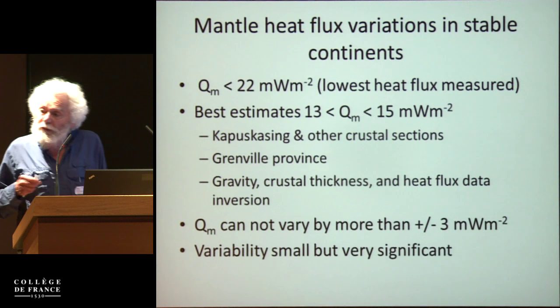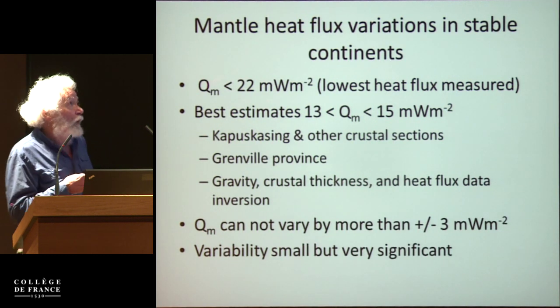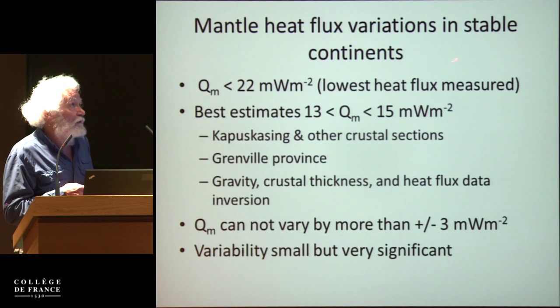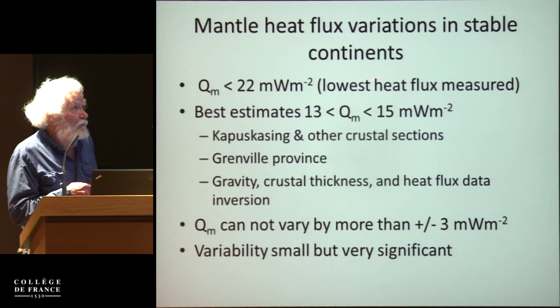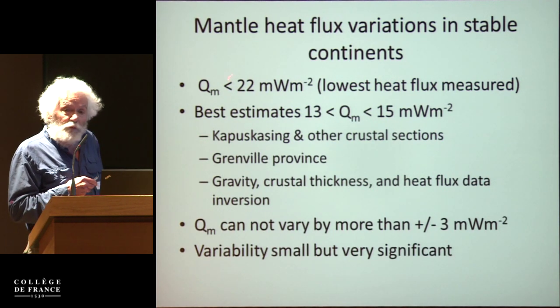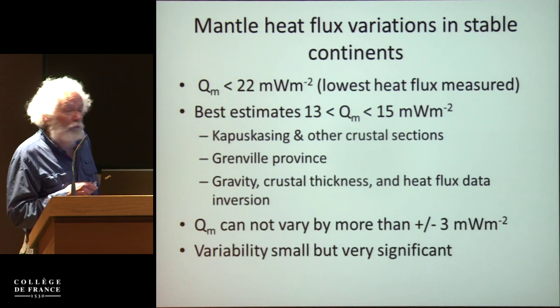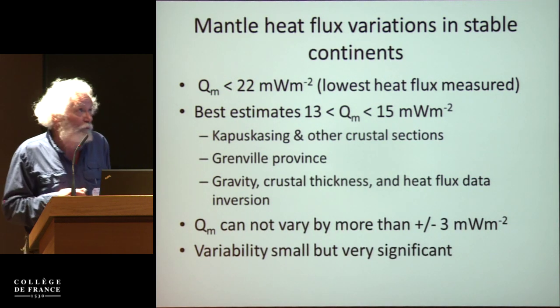So, just a brief word, we have tried to determine how mantle heat flux varies in stable continents. This should be really the shield. One constraint on mantle heat flux comes from the lowest heat flux value that we have at the surface.